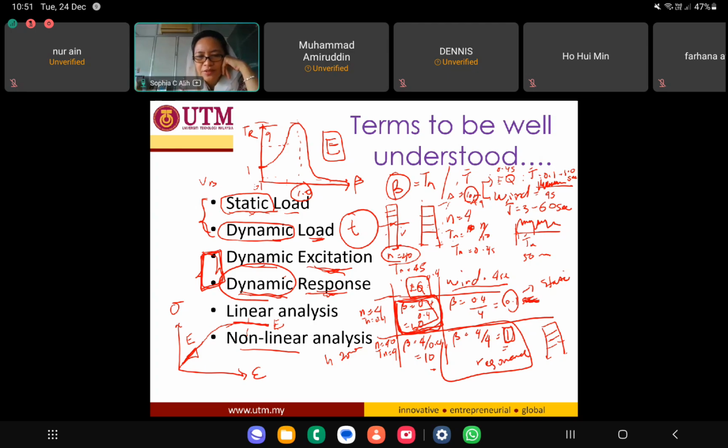I think no, because it's not proportional anymore, right? Yes. So like Amiruddin said, when it comes to linear, during your design, you sometimes use this E, right? What does it mean?